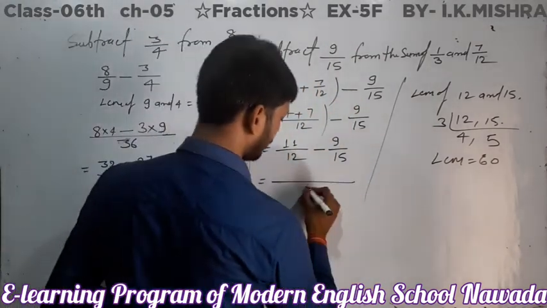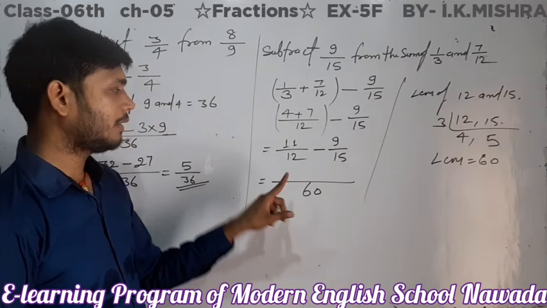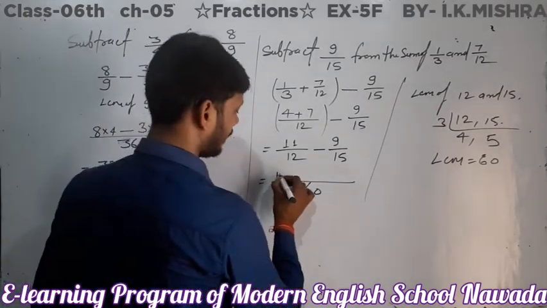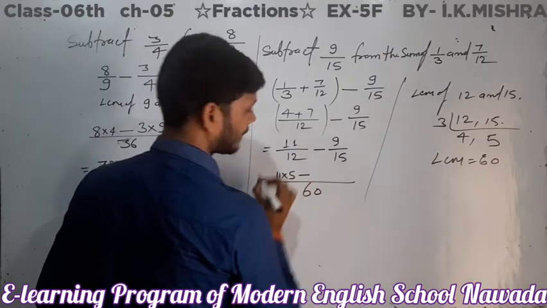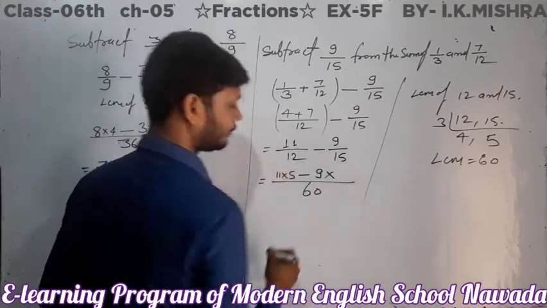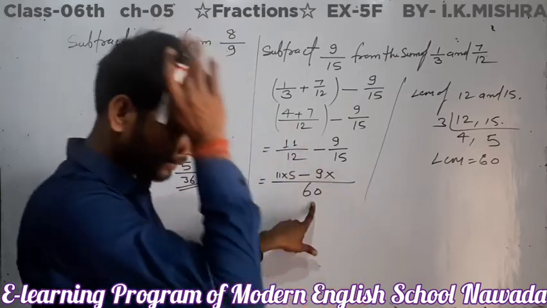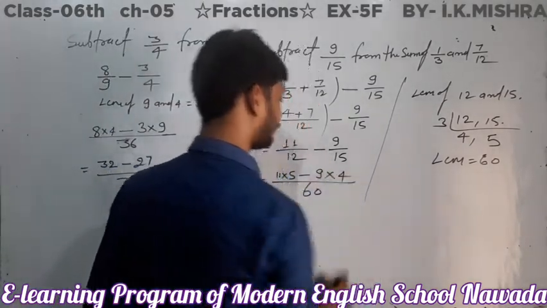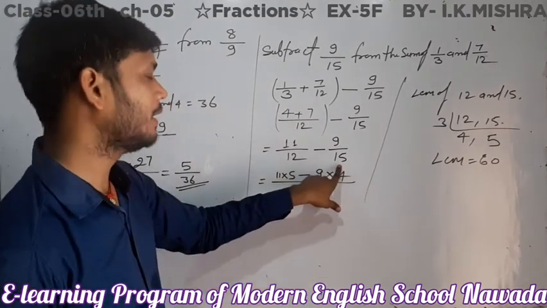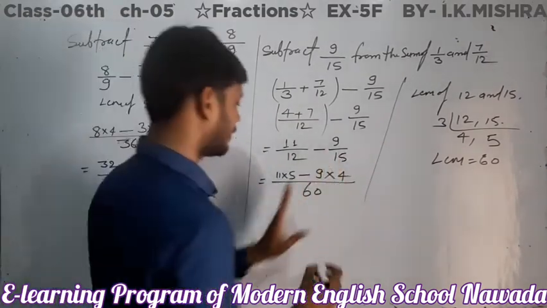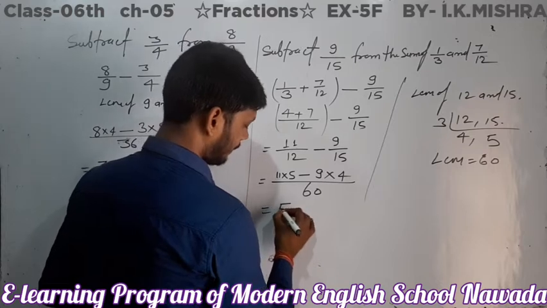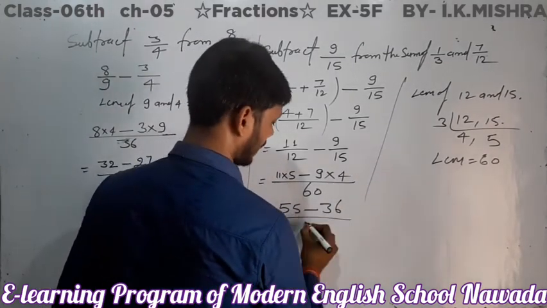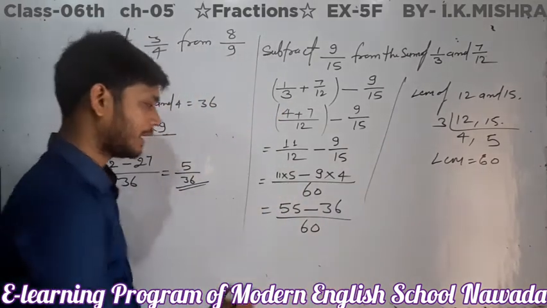So write 60 and divide 60 by 12, that is 5 times, so 11 into 5, minus 9 into, when you divide 60 by 15, 4 times, so multiply by 4. That gives 55 minus 36 by 60. Clear, friends?